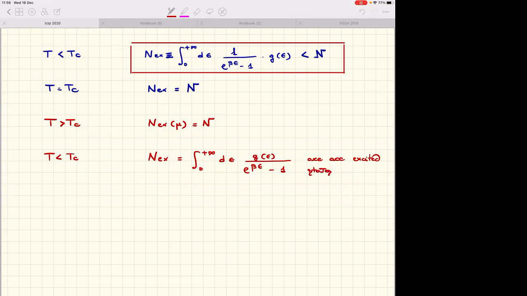And the number of particles equal to N minus NEX, you see, this is smaller than N. Therefore, a number of particles equal to N minus NEX, let's call it N naught, is occupying the ground state.